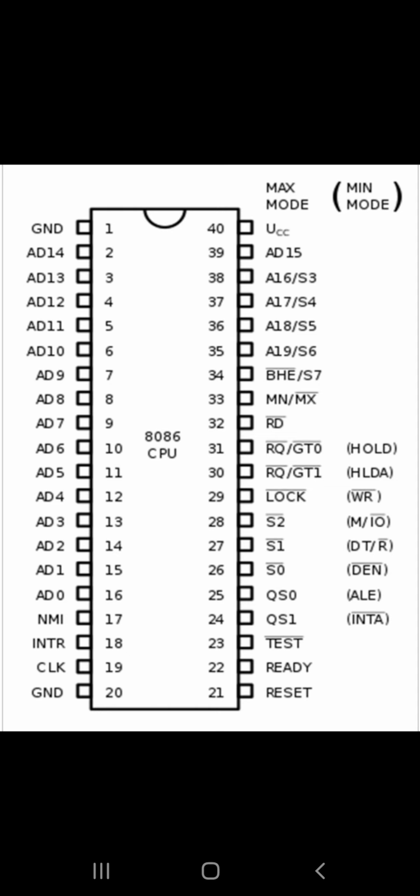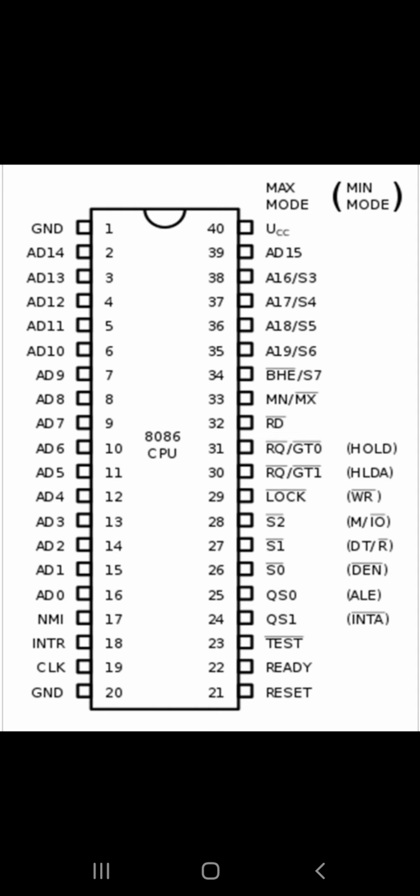In minimum mode, there is only one processor, that is the 8086, right? And in maximum mode, when more than one processor is attached with the 8086, it is working in maximum mode. Means in minimum mode there is only one 8086, in maximum mode there can be more than one.